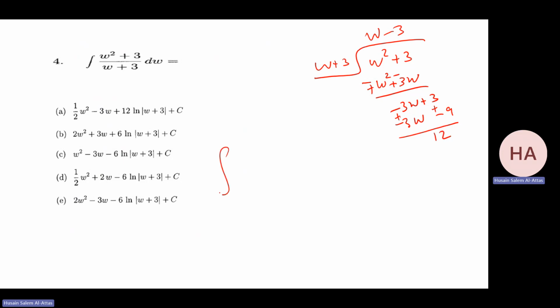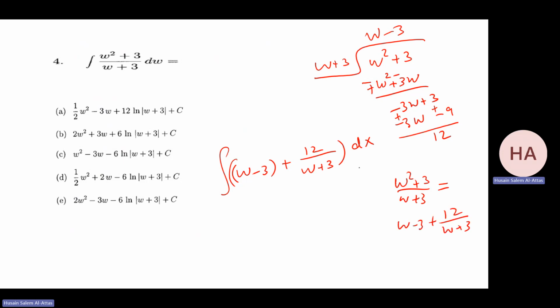So this integral will be W minus 3 plus 12 over W plus 3 dx. Yeah, because from here I have W square plus 3 over W plus 3 equals W minus 3 plus 12 over W plus 3. I wrote it here. Do now the integration. W square over 2 minus 3W plus 12 ln W plus 3 plus C, which is this.